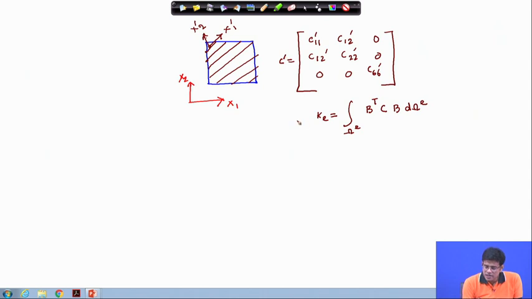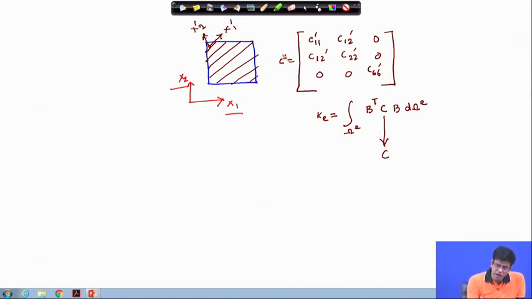Now you see this matrix essentially needs to be evaluated. We need C here, and this integral is along the x1 x2 coordinate system. So we need this C to be transformed into this coordinate system.